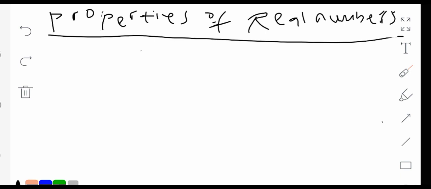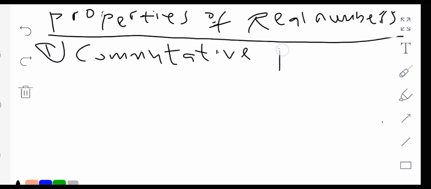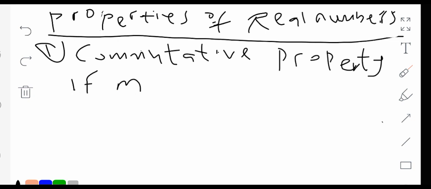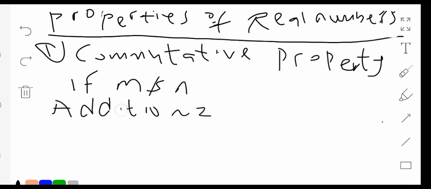So what are the properties of real numbers? Number 1, the commutative property. So what does it say? It says if m and n are real numbers, then the addition for the commutative property is going to be m plus n equals n plus m.